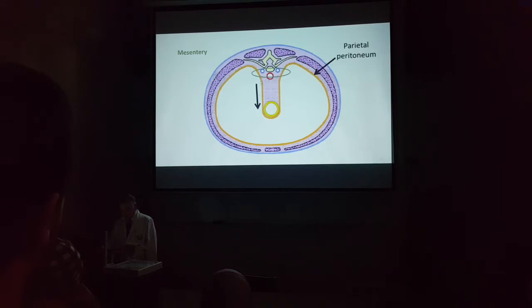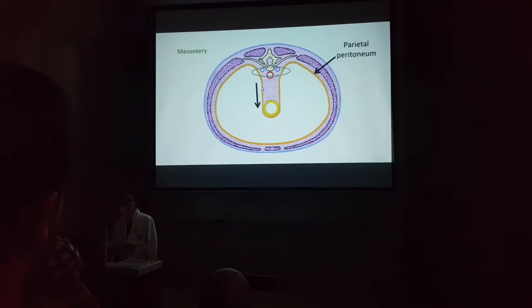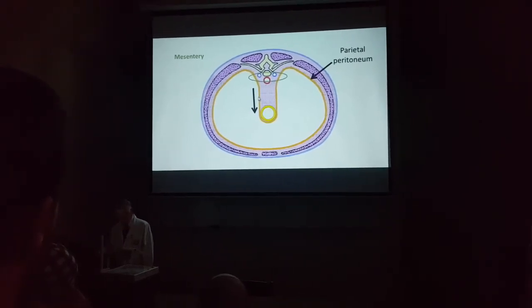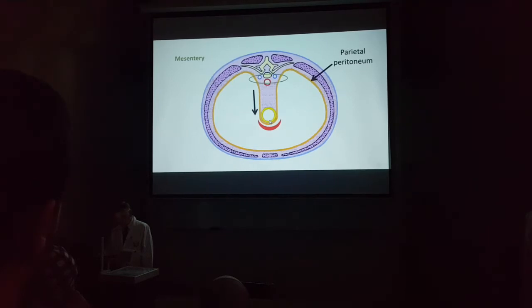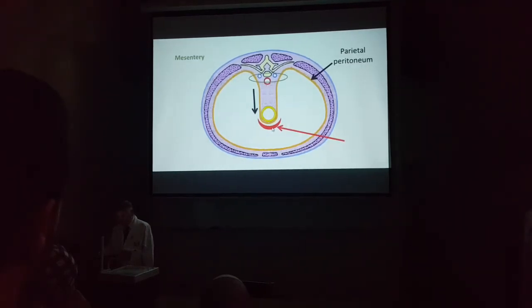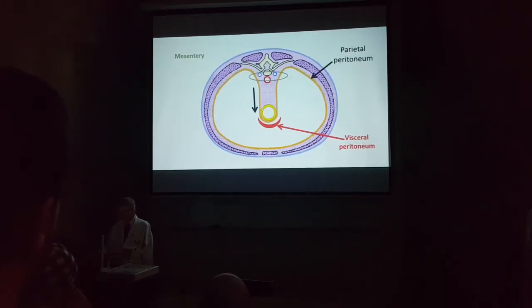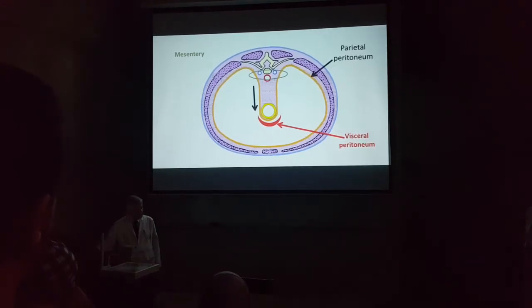So when it comes and bulges into the peritoneal cavity, it will take peritoneal cover with it. Then the peritoneum is going to cover this organ. Once it covers this organ, it is going to be visceral peritoneum, a peritoneum covering an organ.